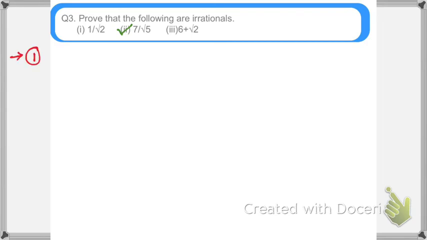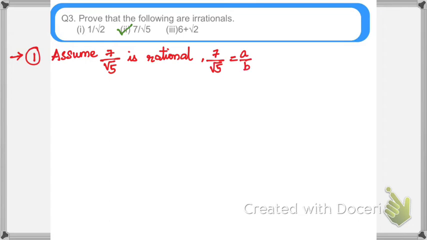Assuming in step number 1, we will assume that 7 by root 5 is rational. And if this 7 by root 5 is rational, it should be equal to a by b, where b is not equal to 0 and a and b should be co-primes.